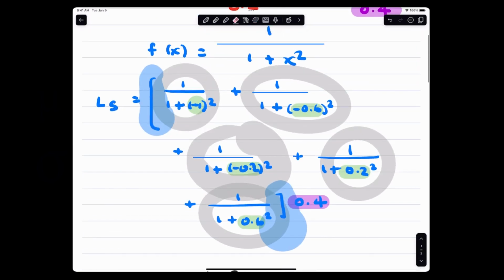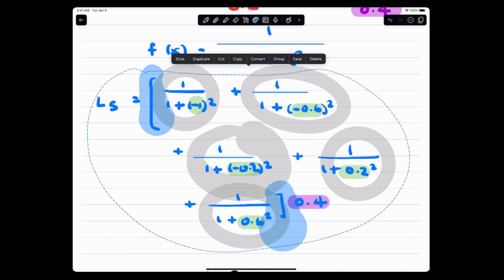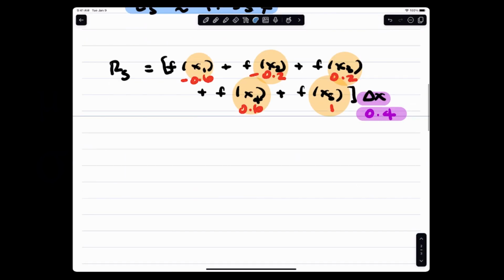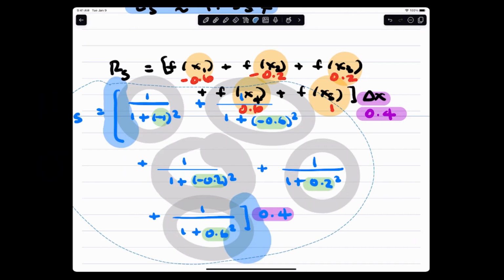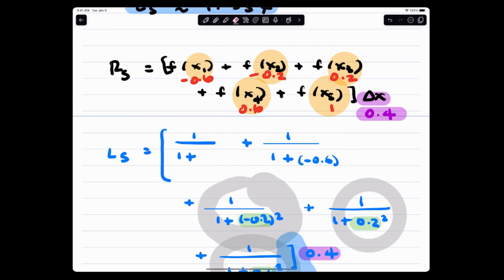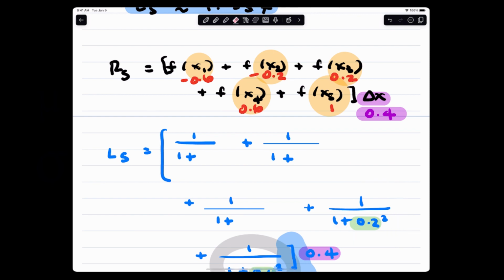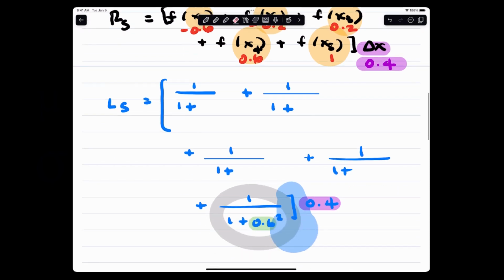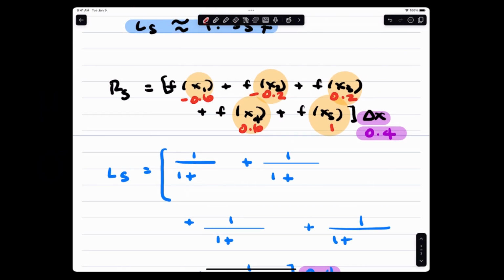And if we like, we can even copy this and start to just enter those numbers. So here we go.